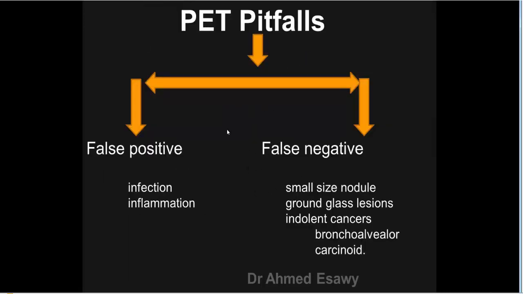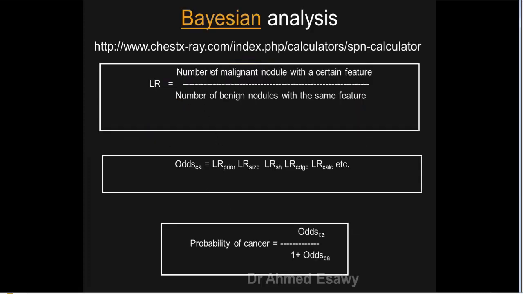PET can be false: either false positive in infection and inflammation, or false negative in small size nodule, ground glass lesion, indolent cancer, bronchoalveolar carcinoid. Bayesian analysis is another type of analysis used to classify nodules as benign, malignant, or indeterminate.